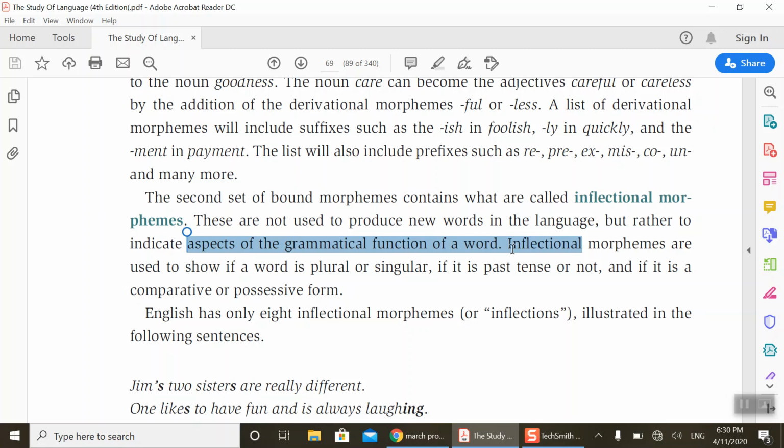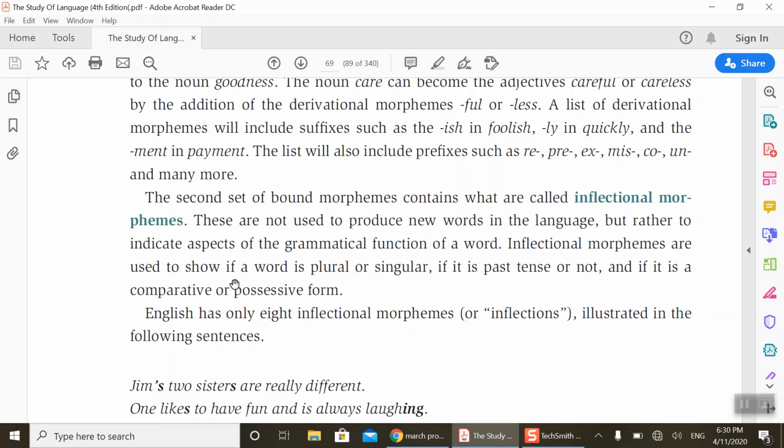This is very important. You see, they just indicate. This is past tense: when you add -ed, this is past. -s as a plural, or as third person singular. -er adjective, comparative. So they just indicate an aspect of the grammatical function of a word.